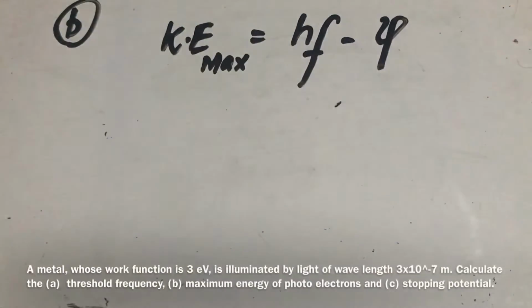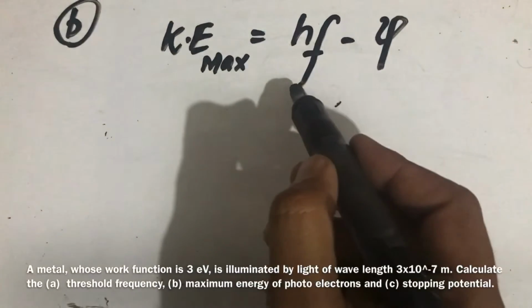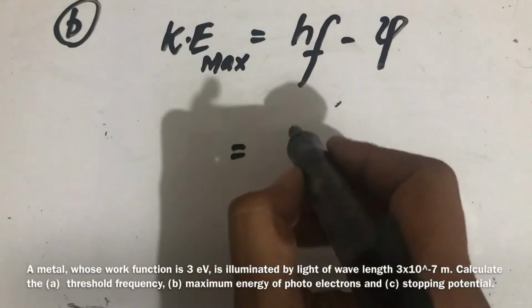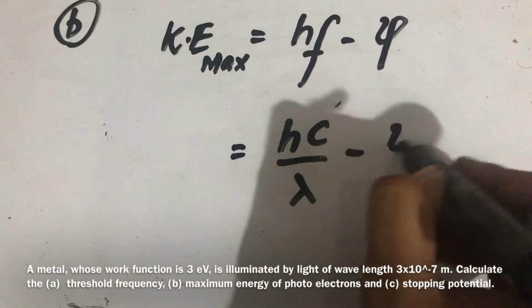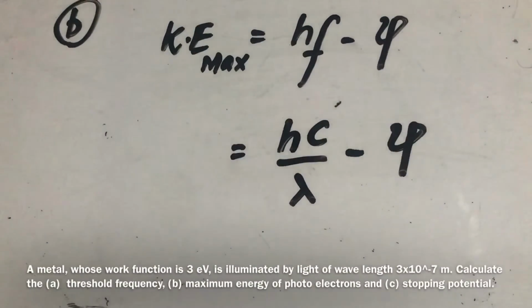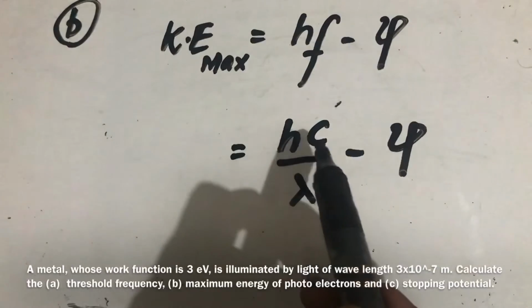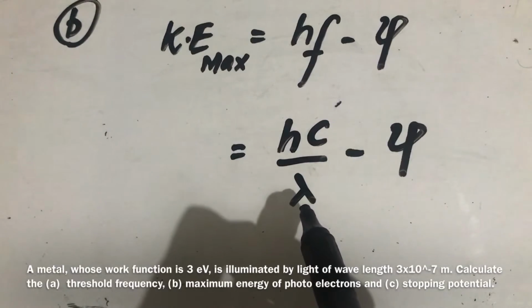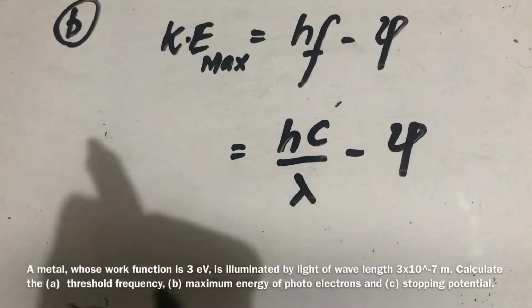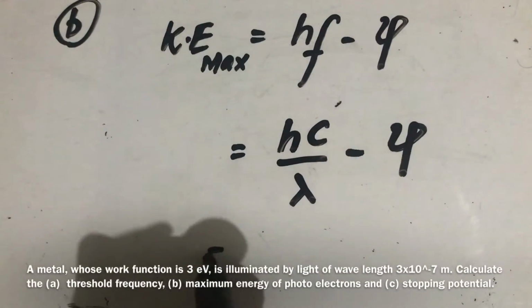We can write hf in the form of hc divided by lambda, minus the work function. We have the value of h, and we know that the value of c is 3 times 10 raised to power 8 meter per second, and the given value of lambda is 3 times 10 raised to power minus 7 meter. Let's put in the values.